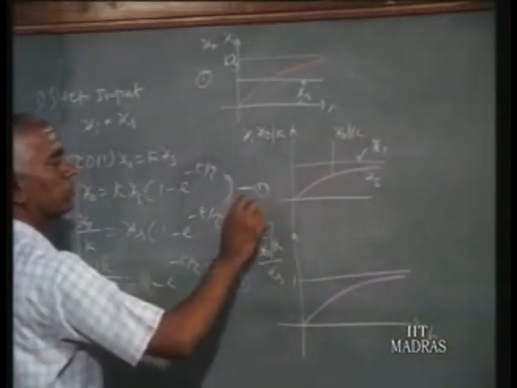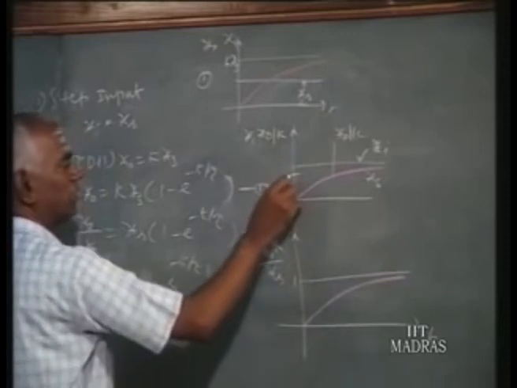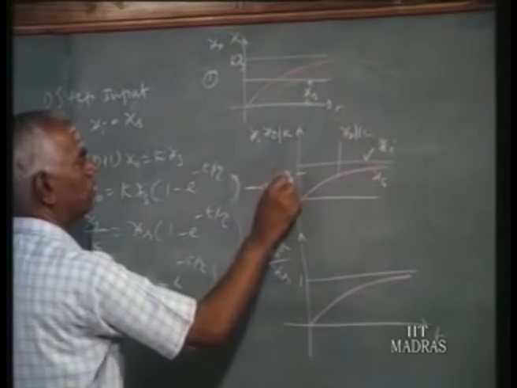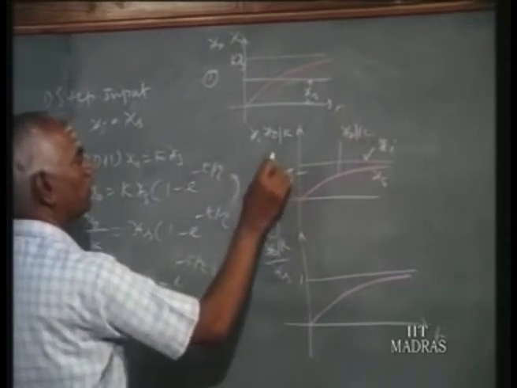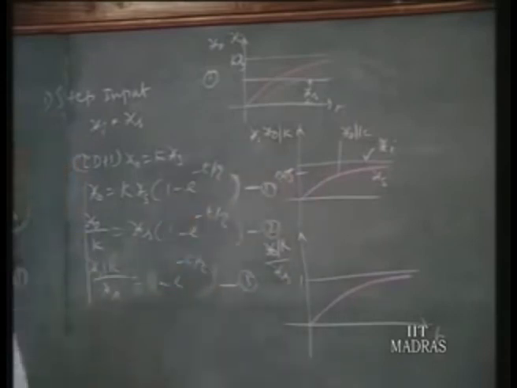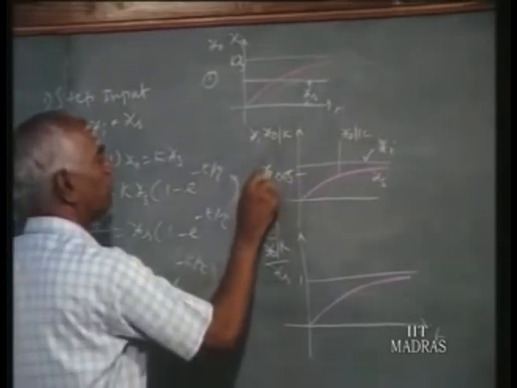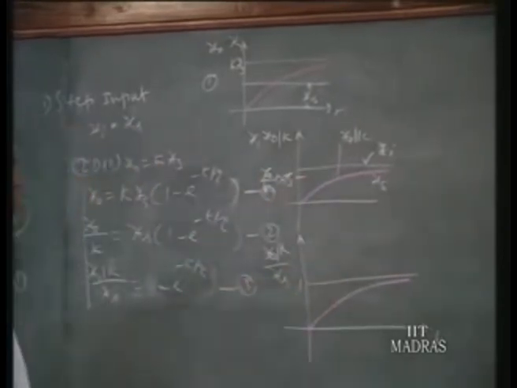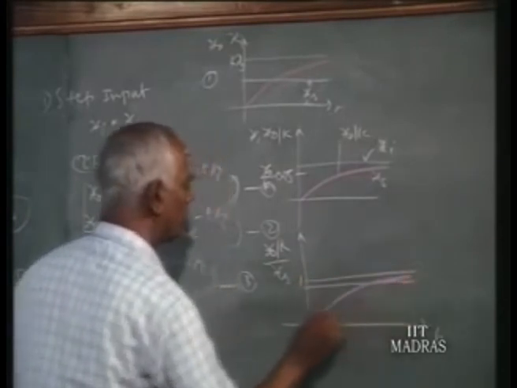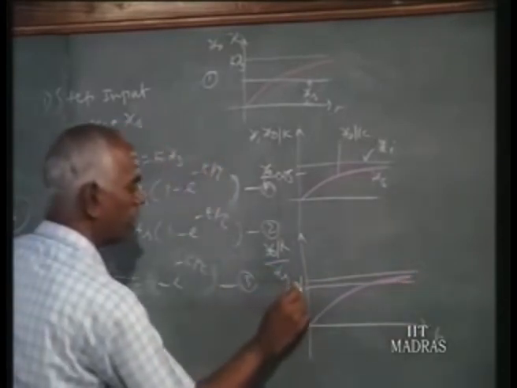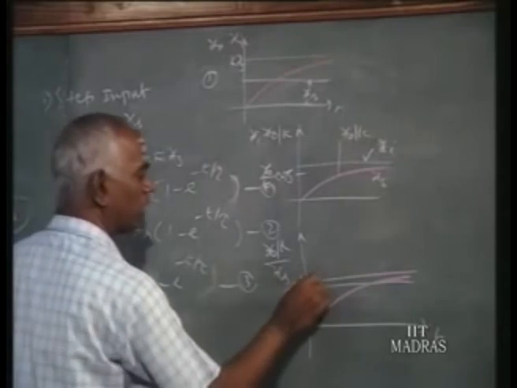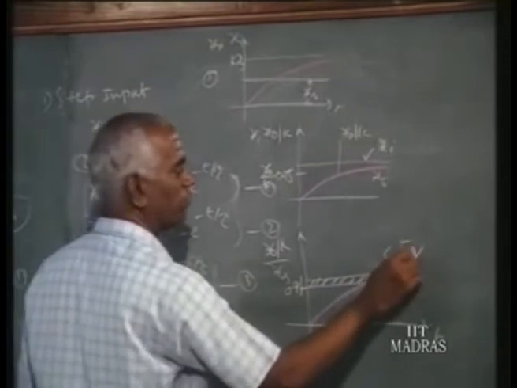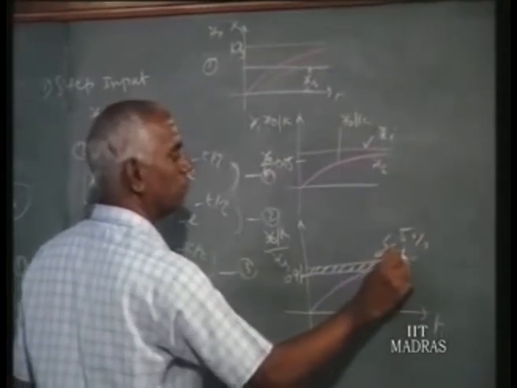Suppose we consider 0.95 times Xo by K. Or we can represent it in non-dimensional form: Xo by K by Xs when it reaches 0.95, we say it is in the error zone. This is the error zone for 5% settling time.